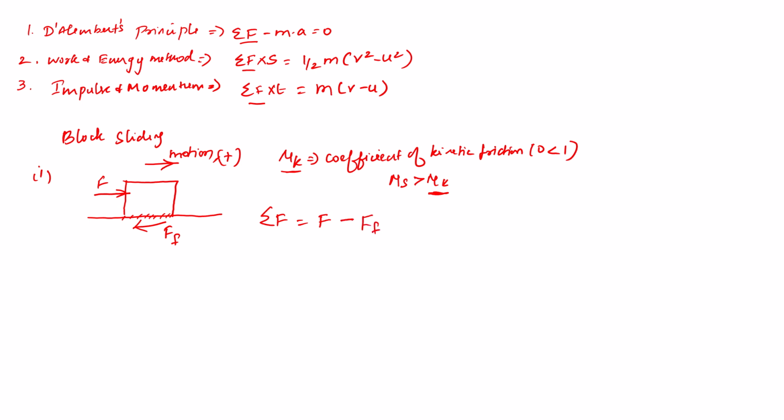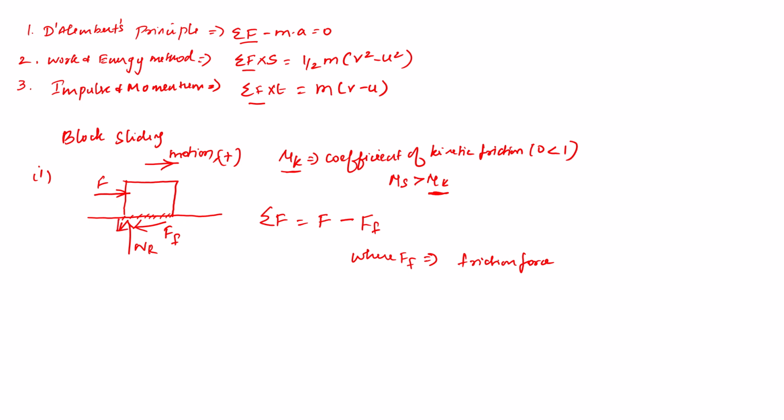F is the normally applied force, whereas F f, the friction force, can be further expanded. It is derived from the normal reaction of the plane. When there is a block or anything kept on the plane, you have a reaction force coming in perpendicular to the plane.